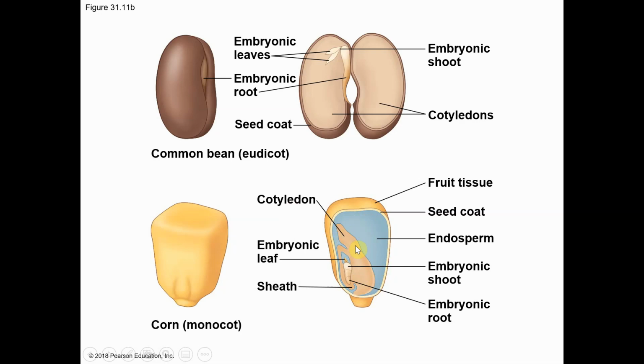So that's the cotyledon, the embryonic shoot and root, and protective sheath covering that we'll see when it grows. That sheath covering will protect the embryonic shoot as it moves through the soil. And then you have the seed coat, and then the drying out of the ovary, which is the fruit tissue that's here. And so this is actually a fruit because there's a thin, dry ovary lining that classifies this as a fruit.